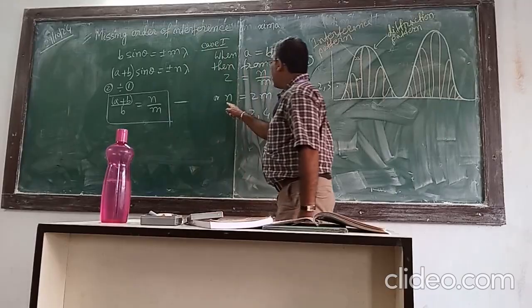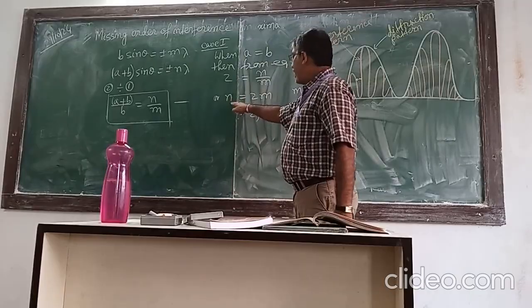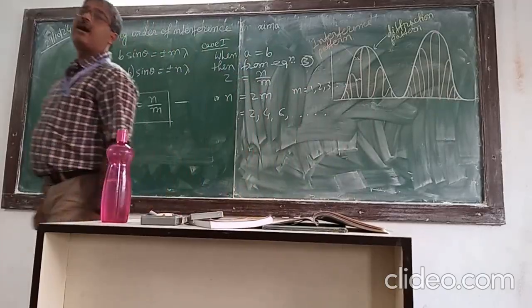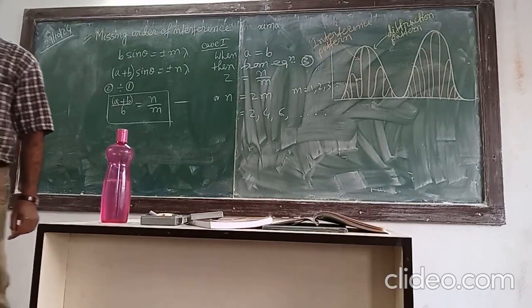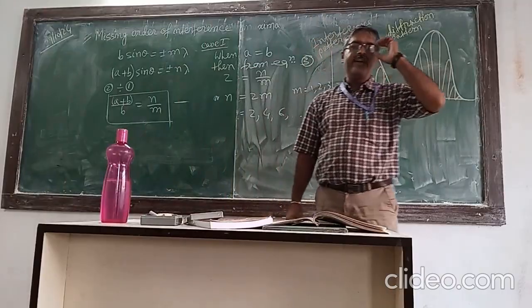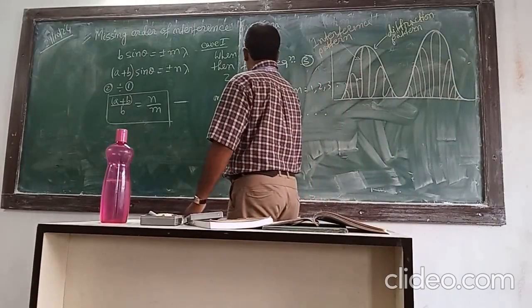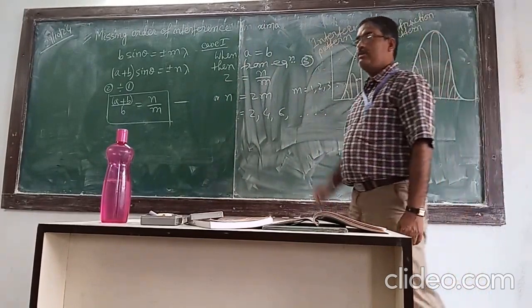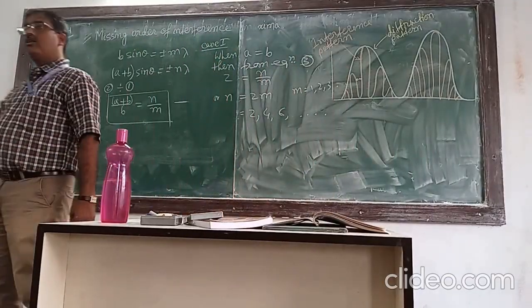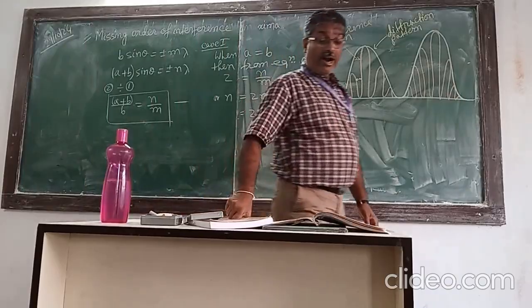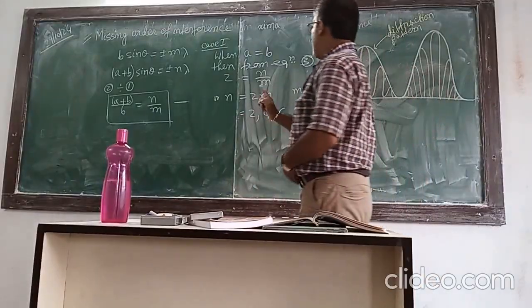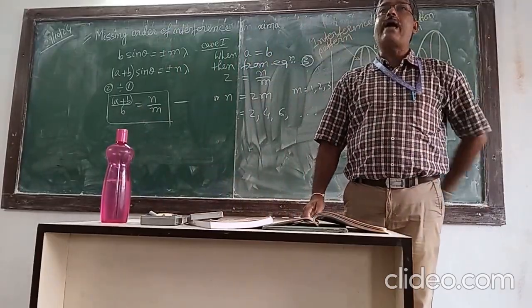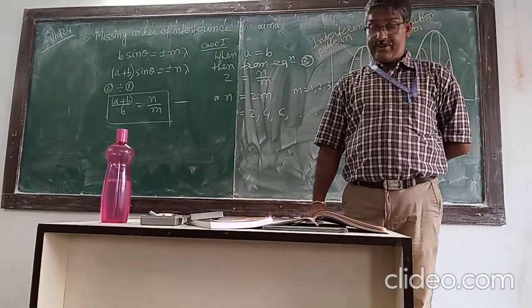So when A equals B, these maxima will be missing: the second, fourth, sixth order interference maxima will be absent.